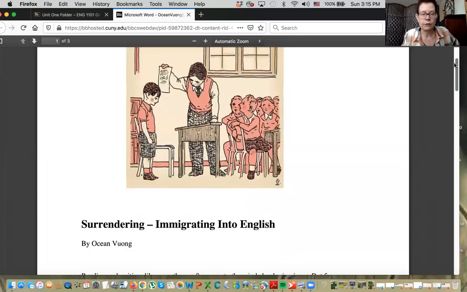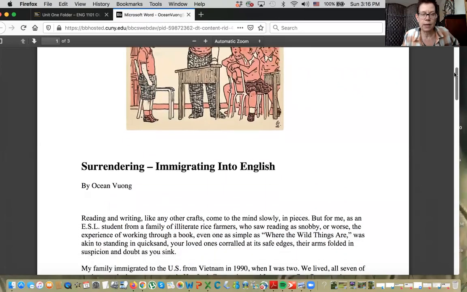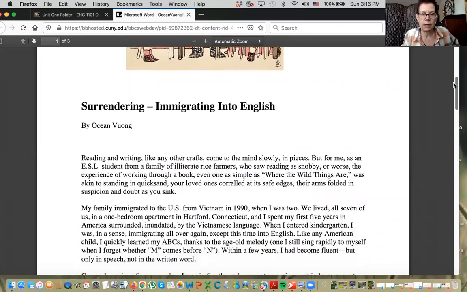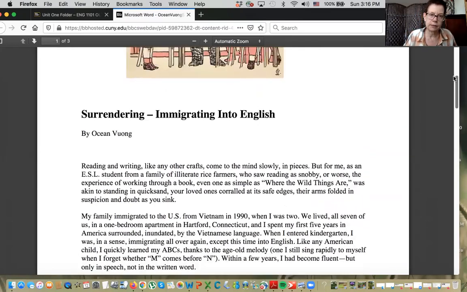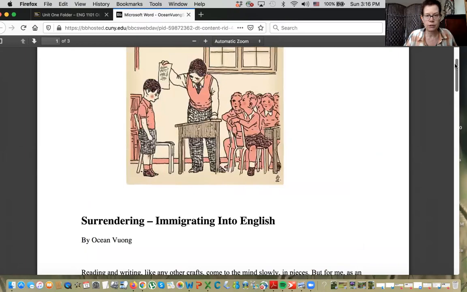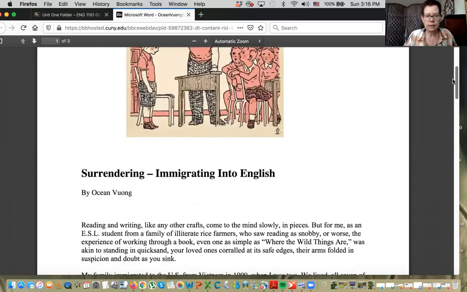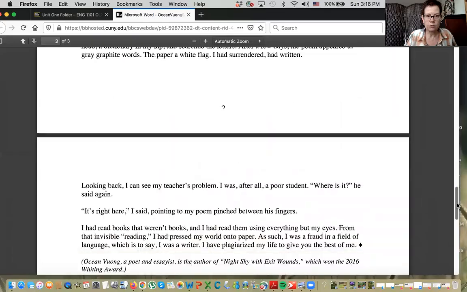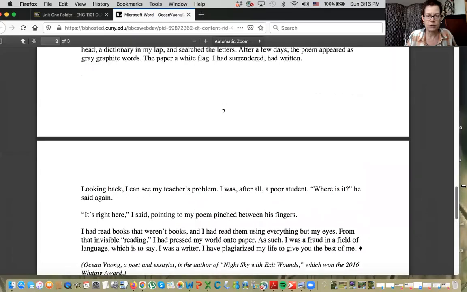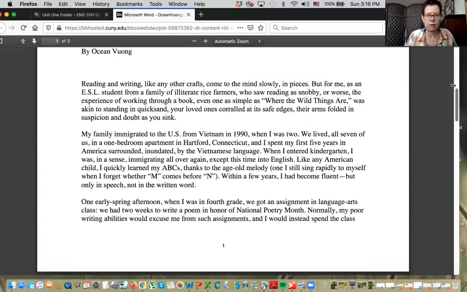So this is called Surrendering, Immigrating into English by Ocean Vuong. Ocean Vuong is a fiction and nonfiction writer. He has several books and essays, collections of essays published. And you can see it's 2.5 pages. It's not very long, right?